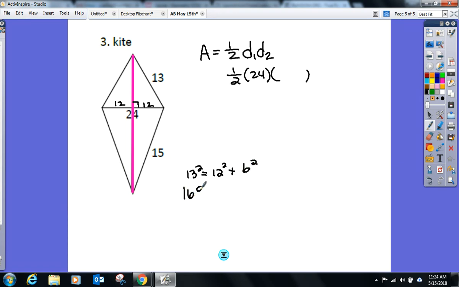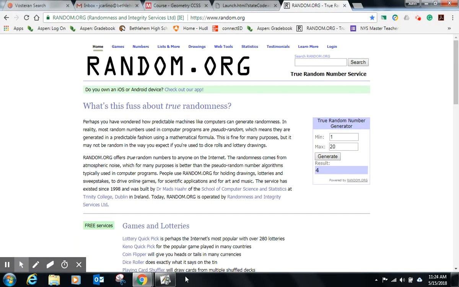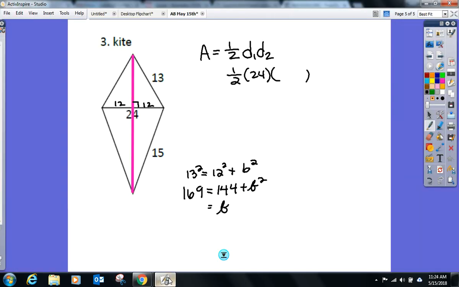I'm hoping somebody listened to those properties we just went over of a kite. What's that length there? What's that length going to be? 25? You move the 144 over? Oh, 25, yep, and then take the square root.